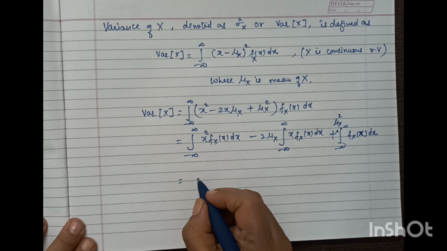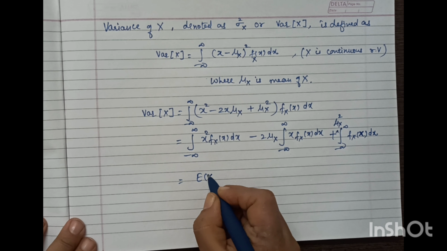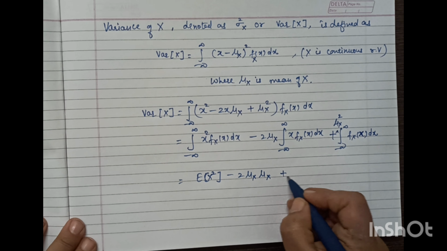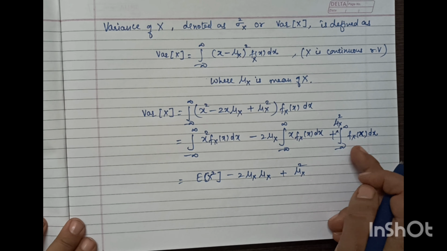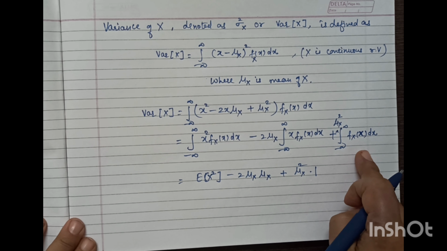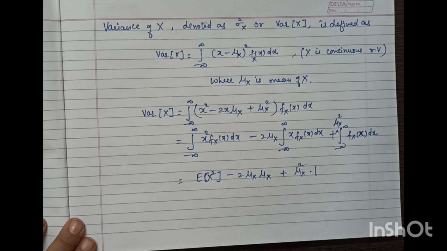So this is nothing but expectation of x square, and this is another definition of mu x or expectation of x, and this is simply 1. By the definition of PDF we have written that the integration of f from minus infinity to infinity is 1.